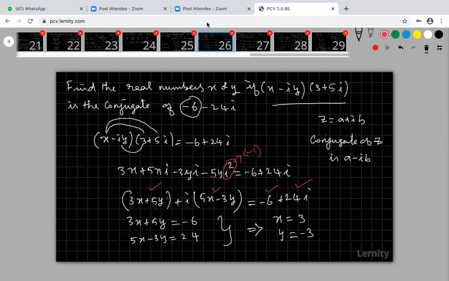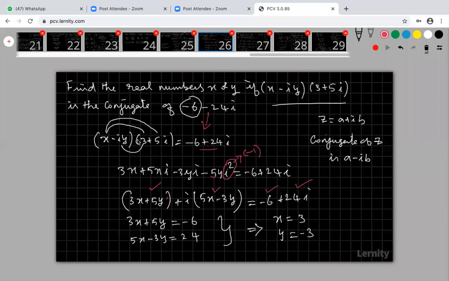Nakshatra, you want this question only. Yeah. So here just multiply these two. This is a complex number. This complex number is the conjugate of this one. What is the conjugate of this? I am writing the conjugate of this number. This is nothing but minus 6 plus 24i as the conjugate.